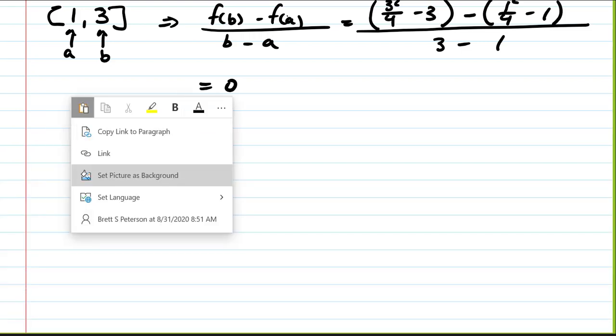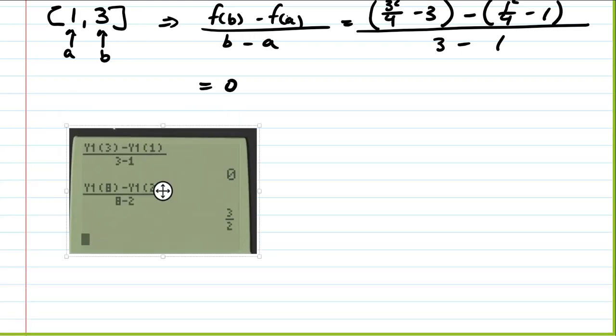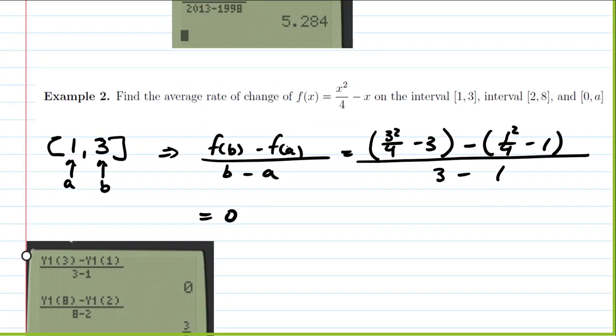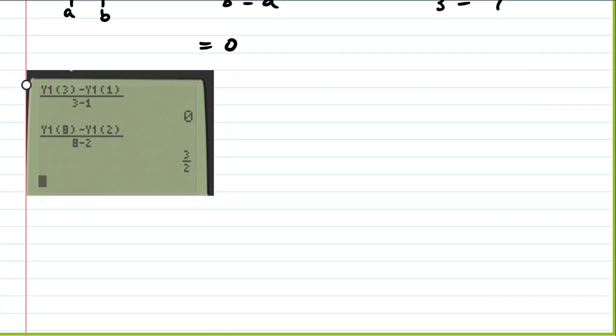The last one involves a variable, so we will be unable to just type it directly into our calculator. The last one wants us to calculate, well, what is the average rate of change on the interval 0, a? Well, that would be f of a minus f of 0 all over a minus 0.